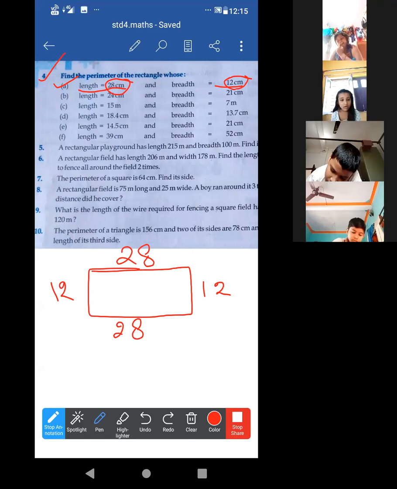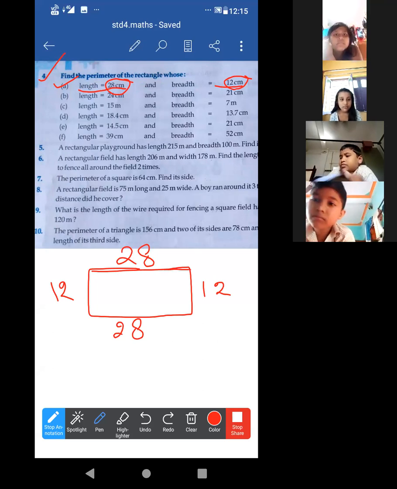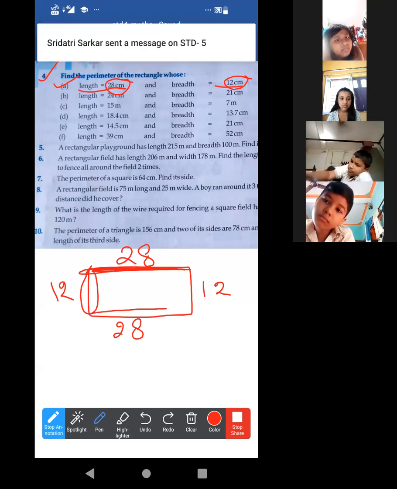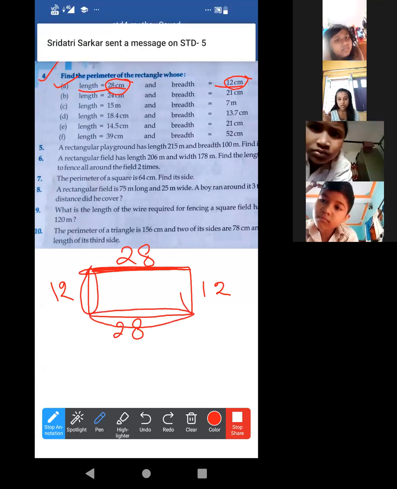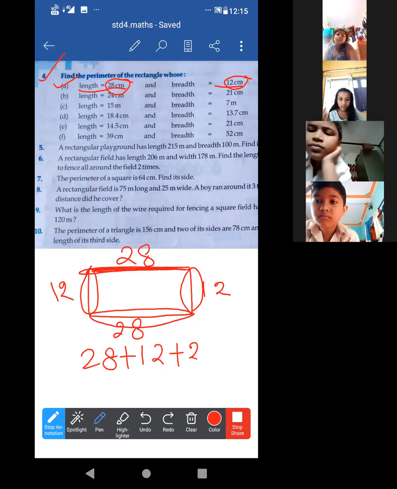Perimeter means we have to add 28, plus this 28, plus this 12, plus this 12. So 28 plus 12, plus again 28, plus again 12. Yes or no?